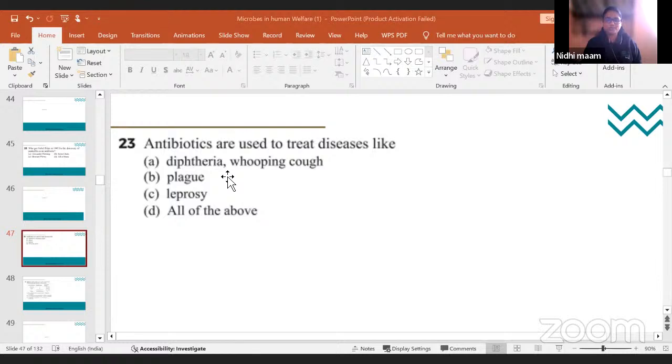Ranjita, Aishu, Pavan, Jyoti, Yashas. So the confusion is between A and D. Let us check the answer here. Option D is the right answer.